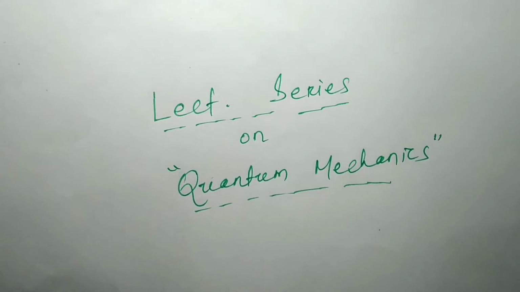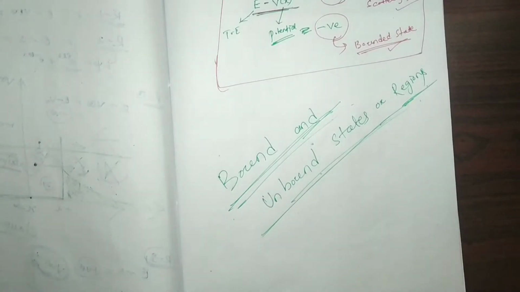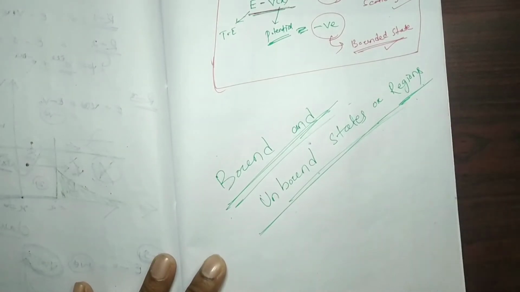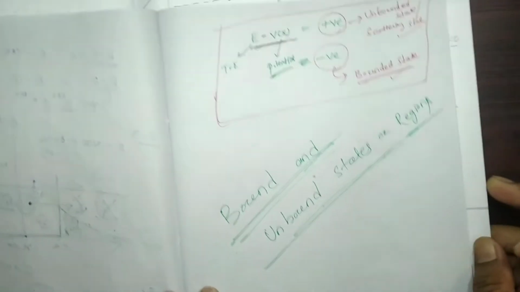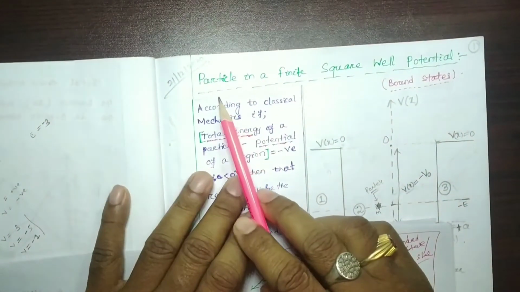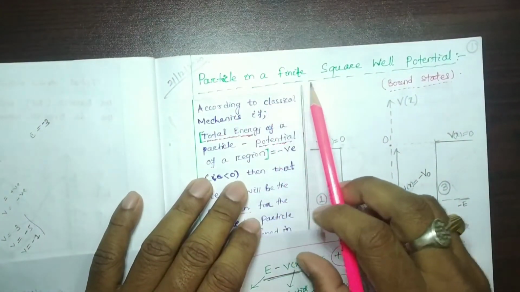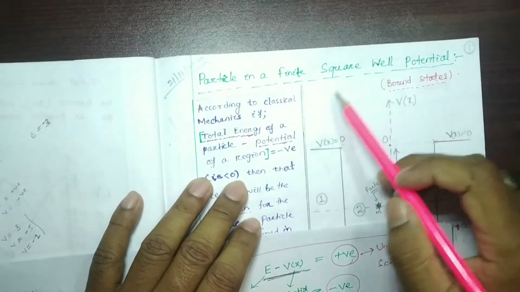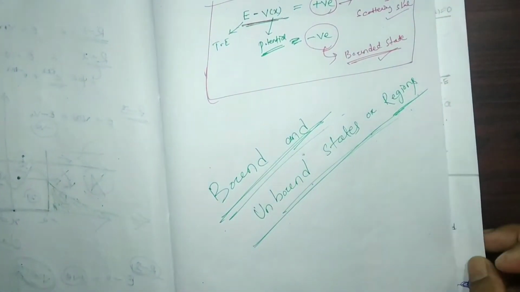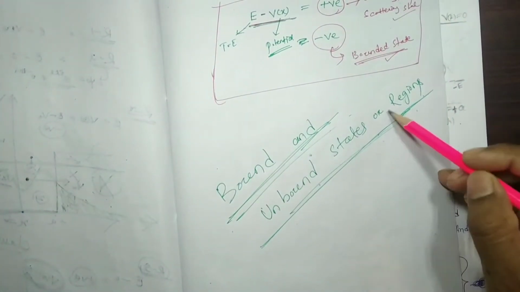Last class we discussed bound and unbound states or regions, actually to discuss the particle in a finite square well potential, which is also a bound state. The basic idea about bound states and unbound states or regions is required.